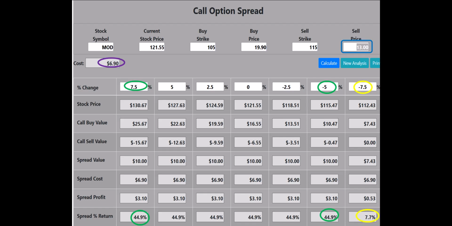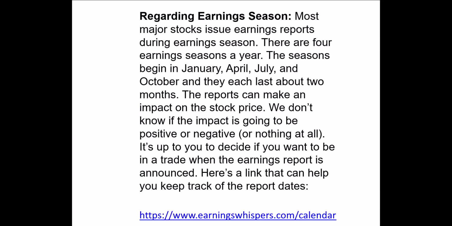Creating the debit spread will allow us to collect a $1,300 cash credit to our brokerage account for the sale of the 115 call. As we said on the previous slide, this reduces the cost of entering the spread to $690. Here's a note regarding earnings reports. The next MOD earnings report is scheduled for October 29.